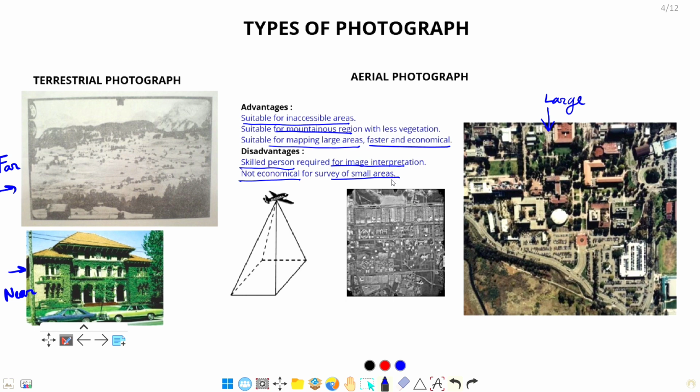For example, if you have to just capture a piece of land, or a patch, a mohalla or a small town, then it will be more costly to use aerial photography. So there are some advantages and disadvantages.